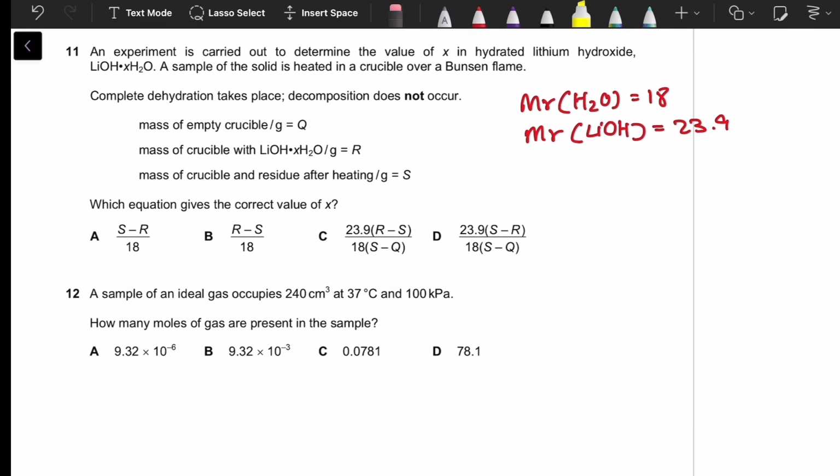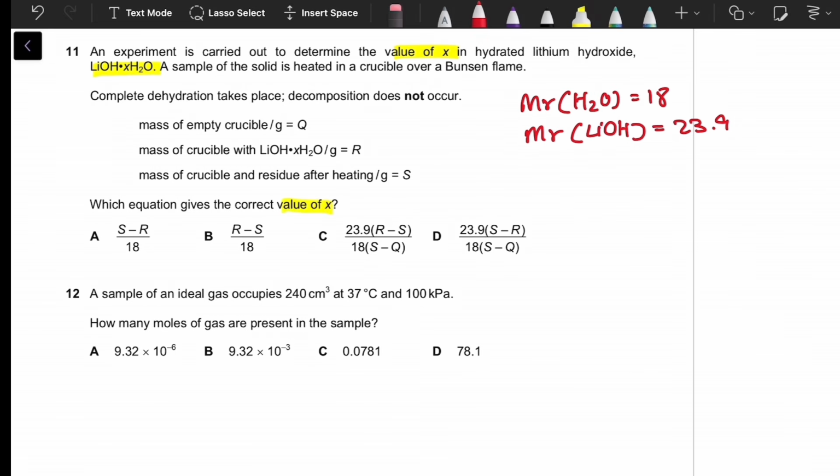Question 11 states that an experiment was carried out to determine the value of X in hydrated lithium hydroxide solid. This solid was heated in a crucible over a Bunsen flame. Complete dehydration did take place, and these are the data they came up with. They used variables, and they want us to find the correct value of X in terms of these variables.